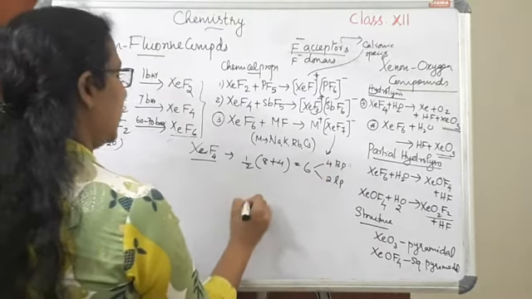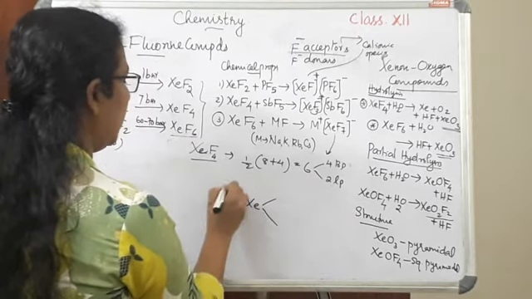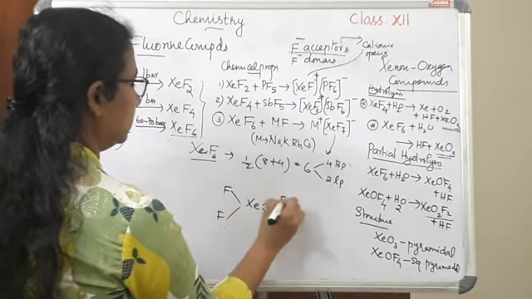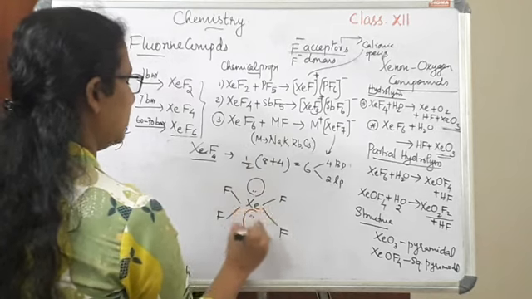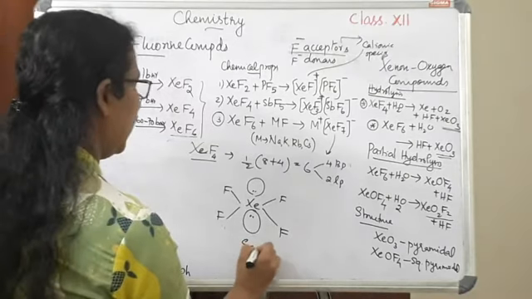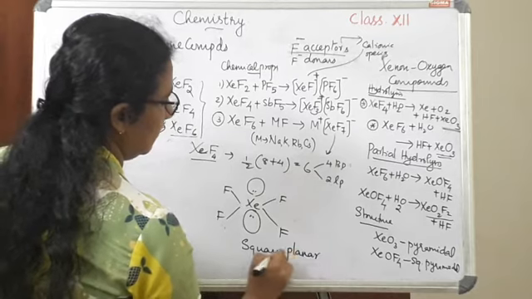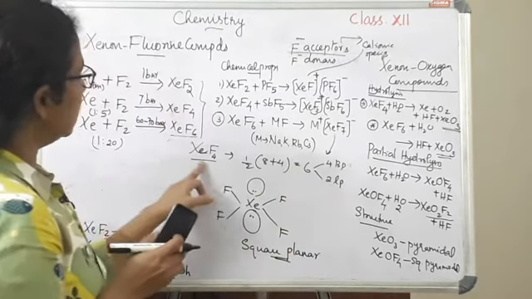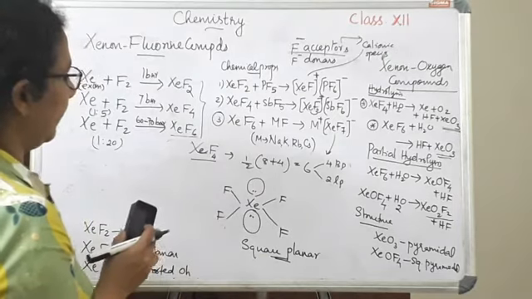So it will be Xe, 4 bond pairs and 2 lone pairs. So this will be the structure. This is square planar. So XeF4 has a square planar structure.